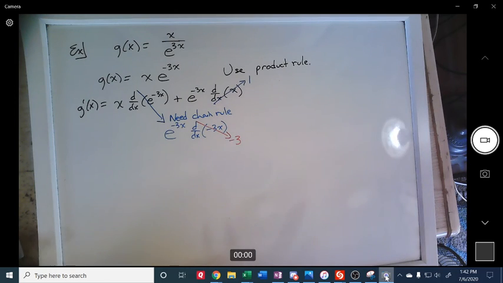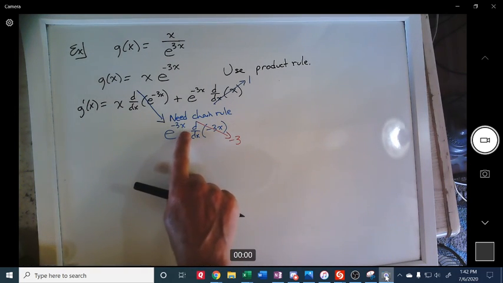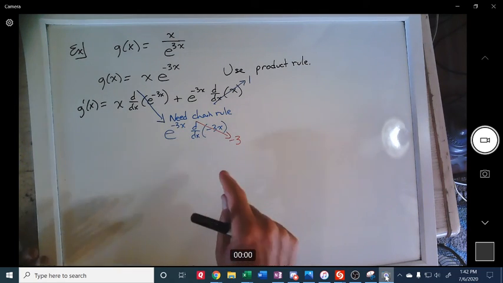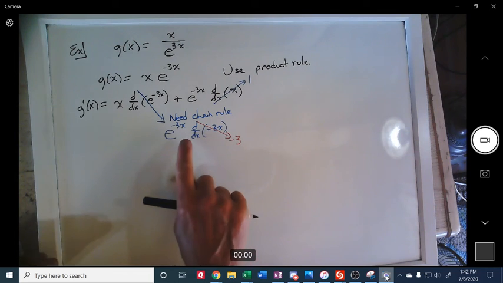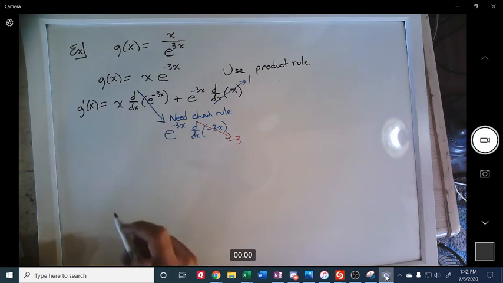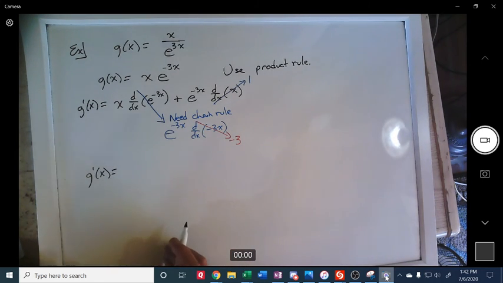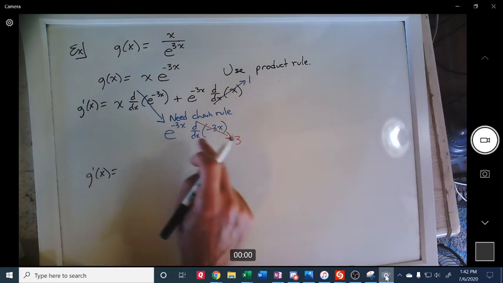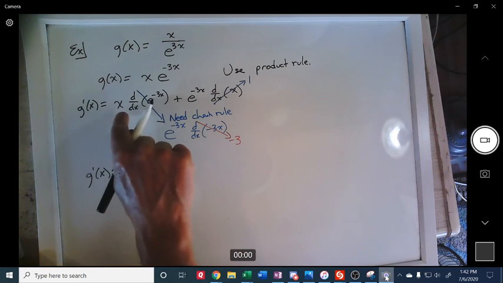So when we said before that the derivative of e to the kx is k times e to the kx, now we're seeing why that's true, because we had to tag along the derivative of the innermost function. So g prime of x is equal to, I'm going to have this negative 3, this thing, and this thing.